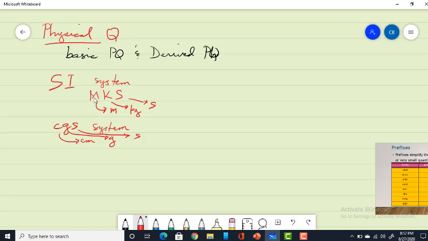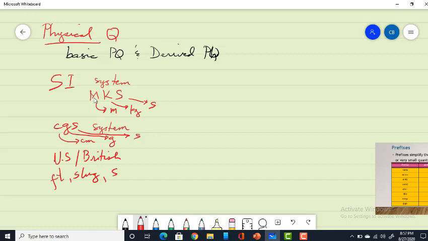There are other units, for example the British or US or English system of units. For mass they use slug, then feet for length, and second for time.